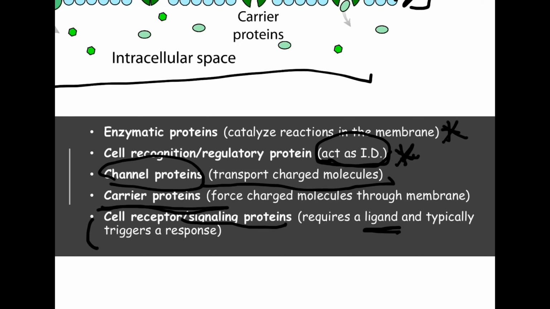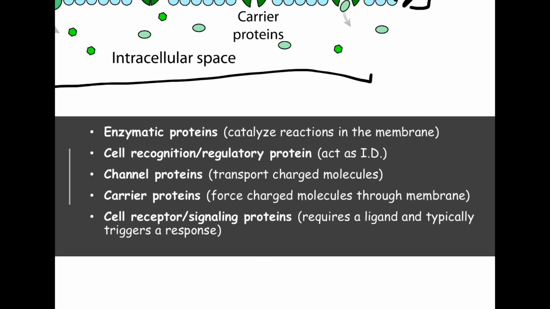So just to recap, let me erase these so you can see a little better. There are different types of proteins found in the cell. We have enzymatic proteins that catalyze reactions.